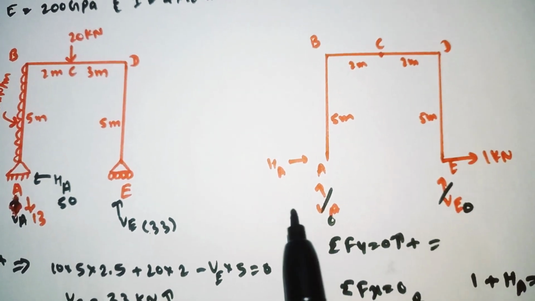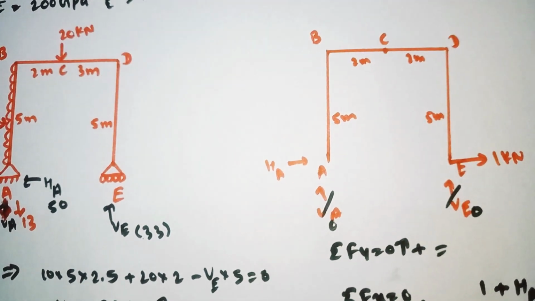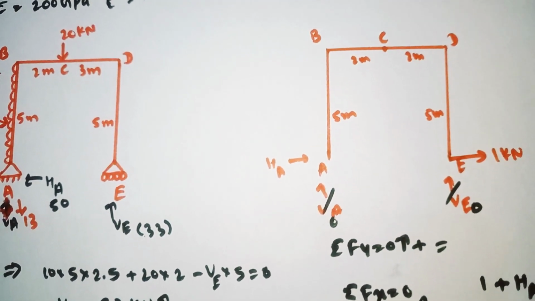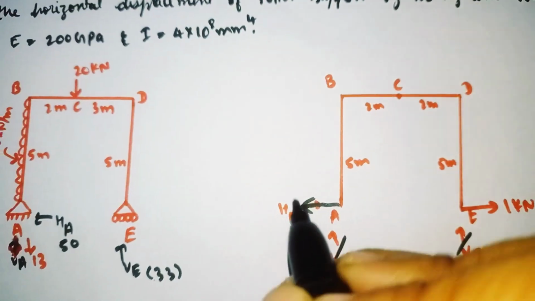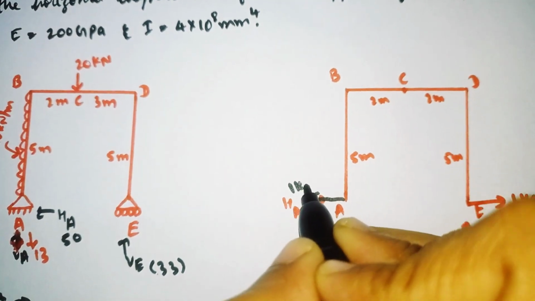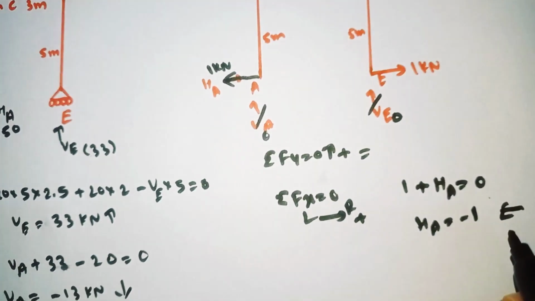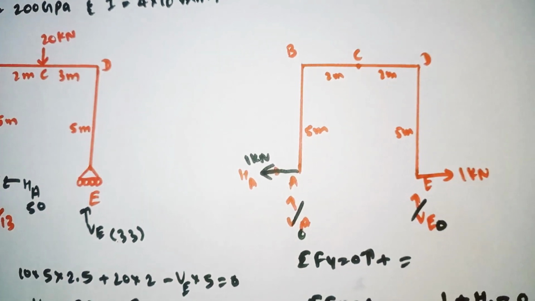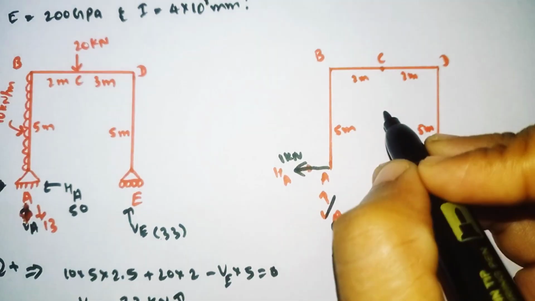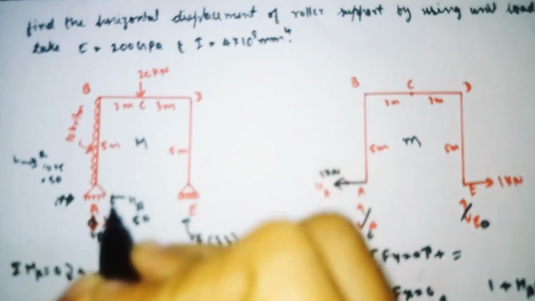Minus 1 means the direction we had taken is wrong, so it is moving in the opposite direction with an intensity of 1 kilonewton. This is our HA value. This is how we find the support reactions of this diagram. It is called m1, and the earlier one is called capital M.